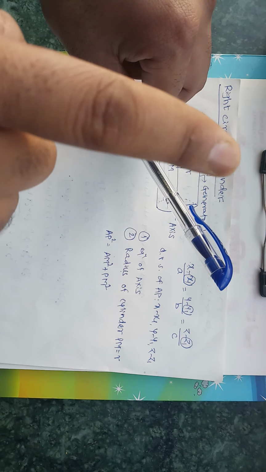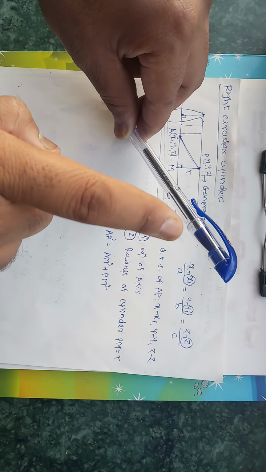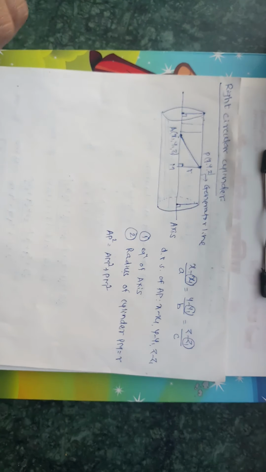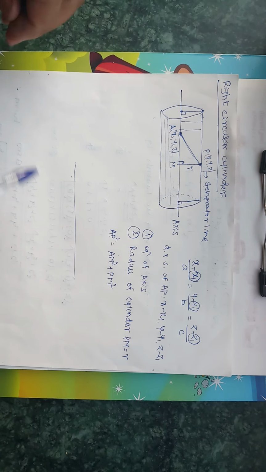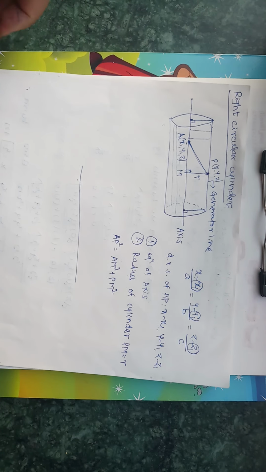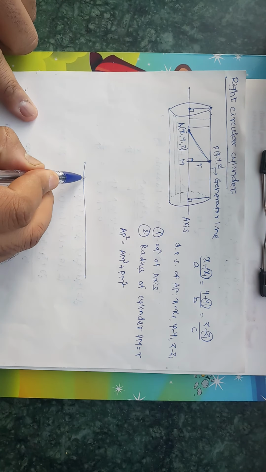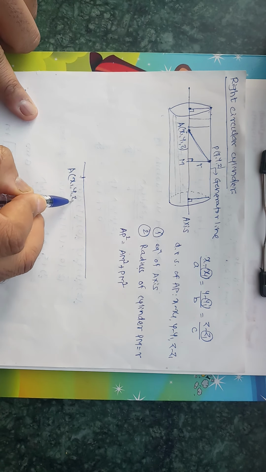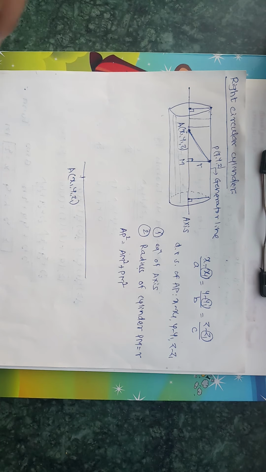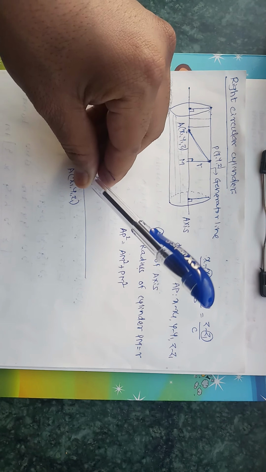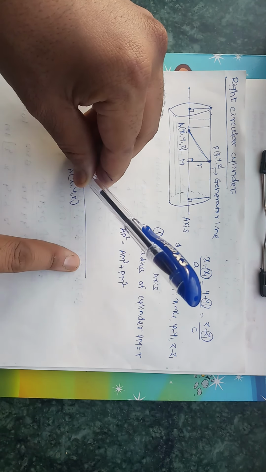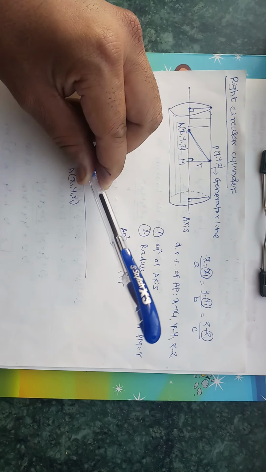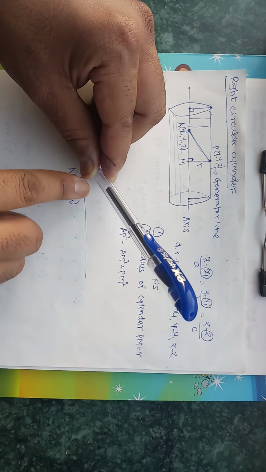If there are sun rays from top to bottom, and this is the ground surface, and this is the axis of the cylinder, this is the point on the cylinder axis, that is A. From the figure it is x1, y1, z1, and this is now AP.